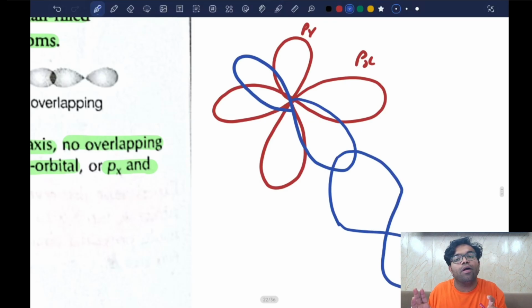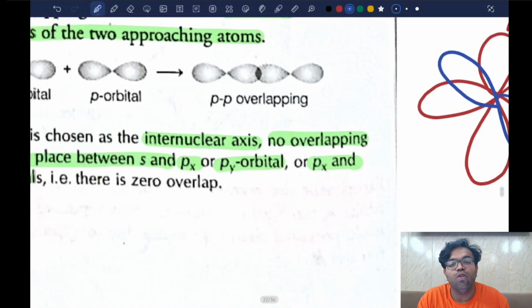If you want to overlap the py or the px, you have to have that in the internuclear distance. Until and unless you have that, you cannot have these overlappings participating in your bond formation.